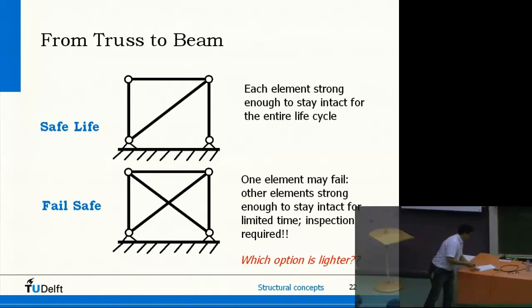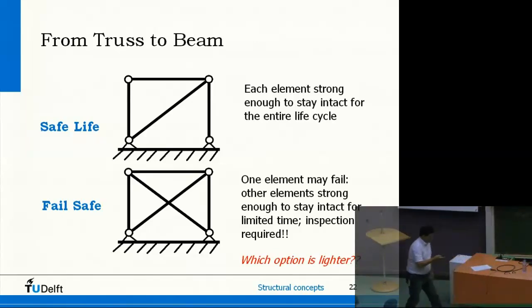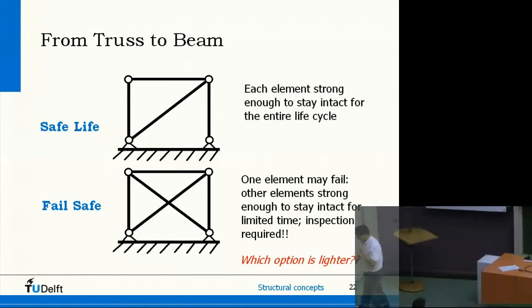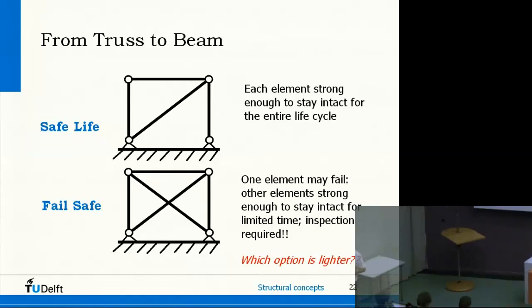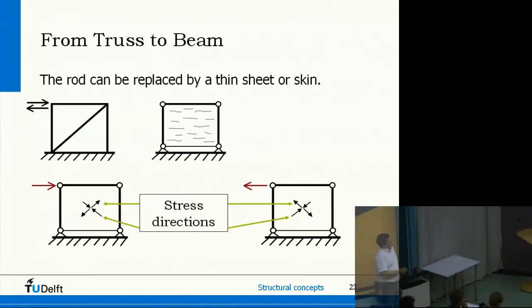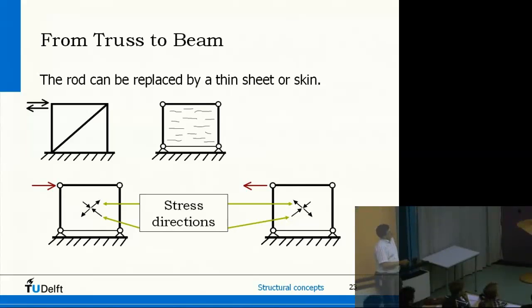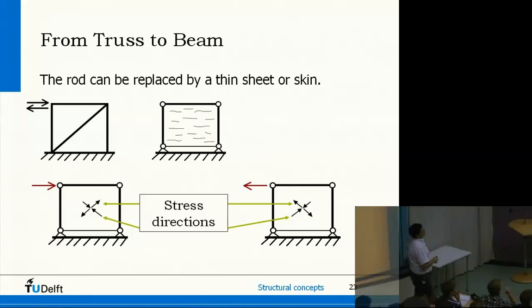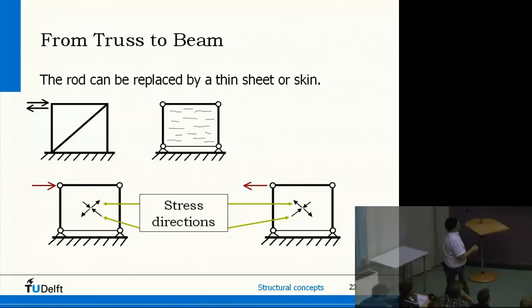Okay, going back to our truss elements. We have seen if we have an element like this with a diagonal bar, this is capable of taking up all the loads. These are bars.